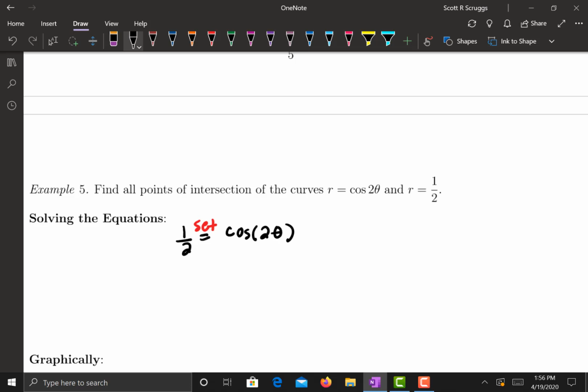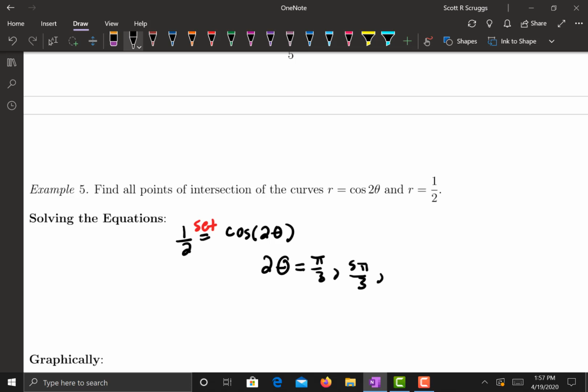For cosine of something to equal 1/2, I must end up at an angle where the denominator is 3. So on the unit circle, I'll have 2 theta equal to pi over 3, 5 pi over 3. And because it's positive, I'm not in the third quadrant.